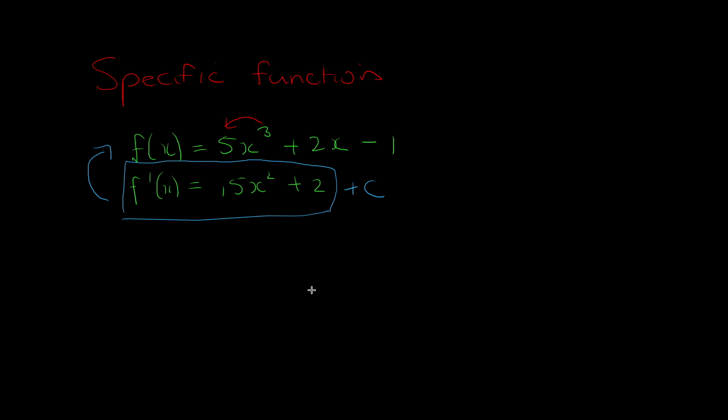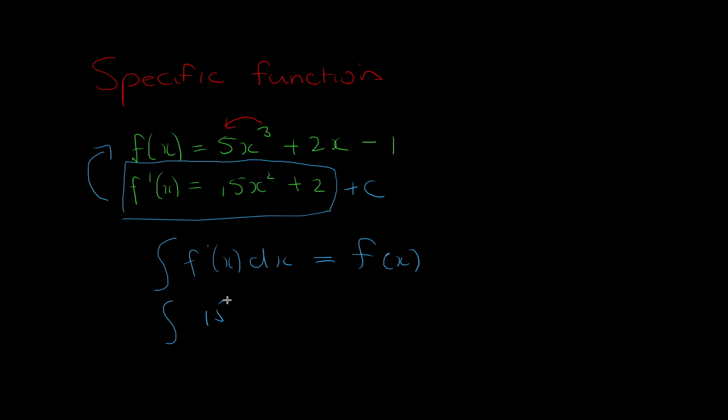And to get back to the original function, we have to get the antiderivative of the solution here. If we do an antiderivative of a derivative, that will give us the original function. So to get back from here to the original function, we have to do the integral of that function.